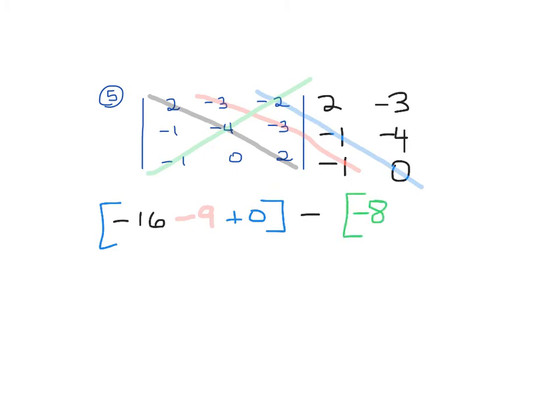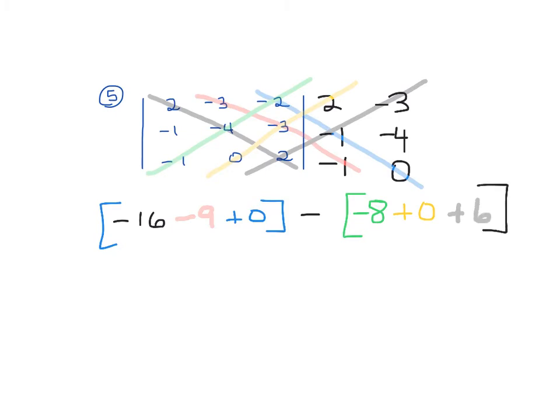Then the next diagonal. As soon as I see I'm multiplying by a 0, I don't even have to think about what the next numbers are. It's just my product is 0. Then the next diagonal. 2 times -1 times -3 gives me +6.